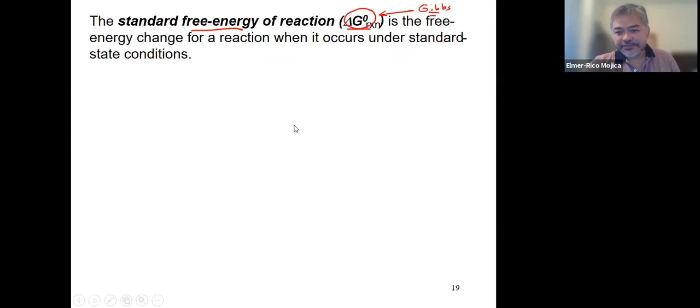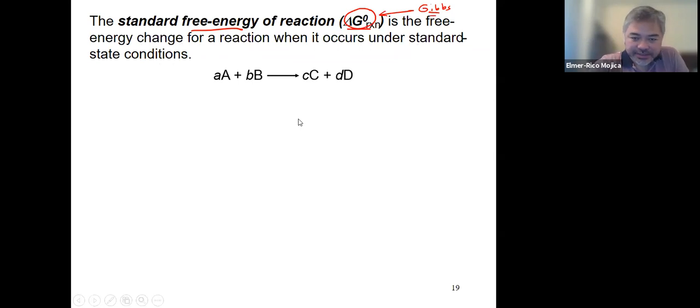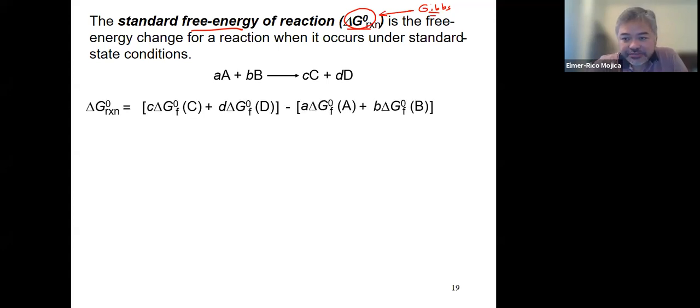So what does it mean? It's the same thing with the enthalpy and the entropy. They look at the difference between the sum of the free energy of the products minus the sum of all free energy of the reactants, like this one.